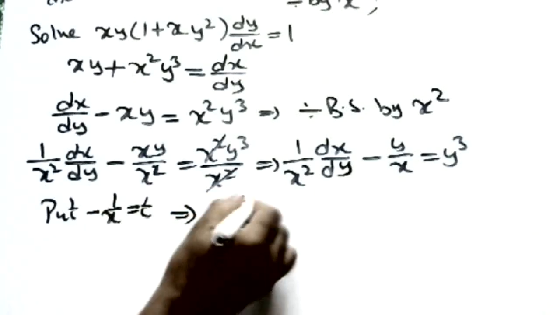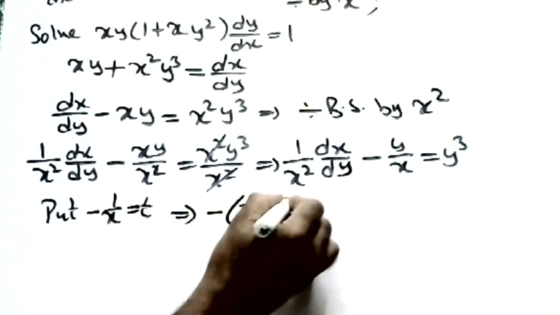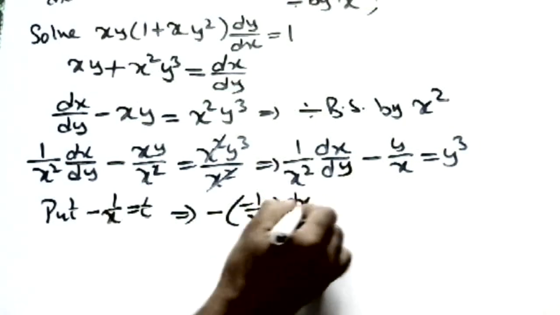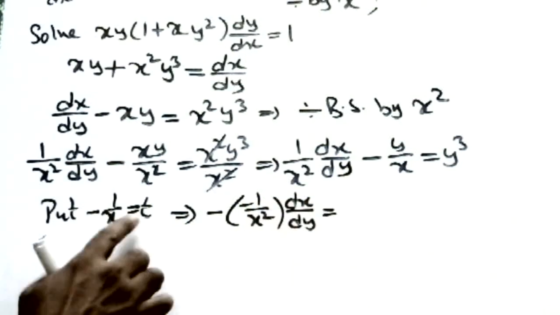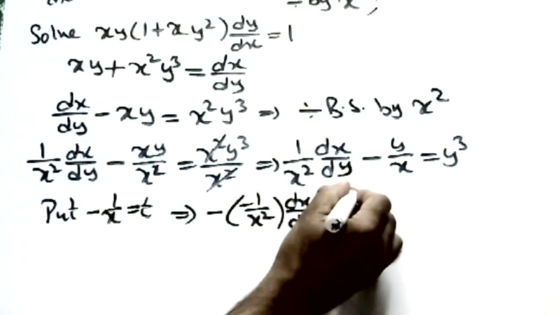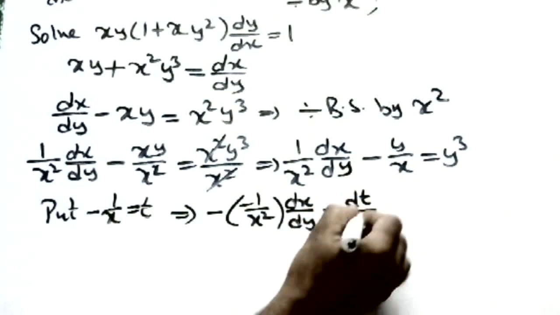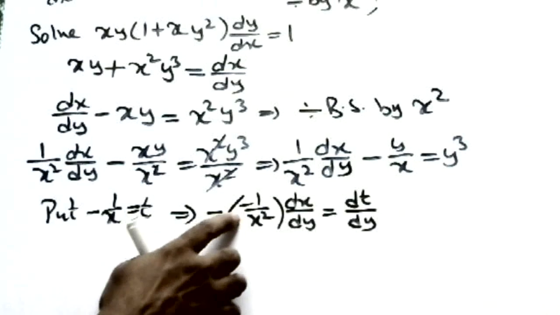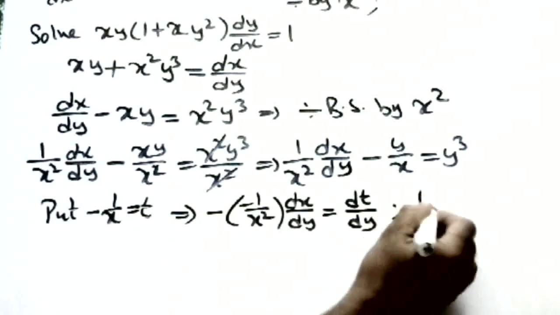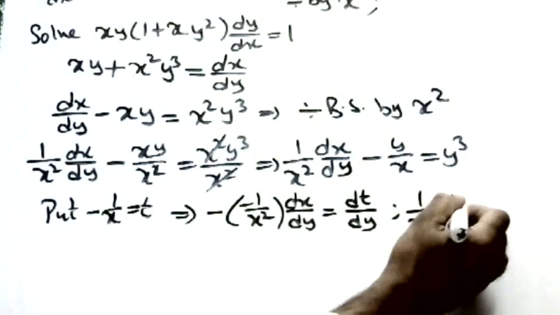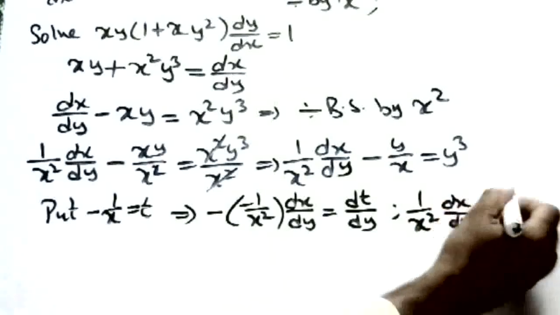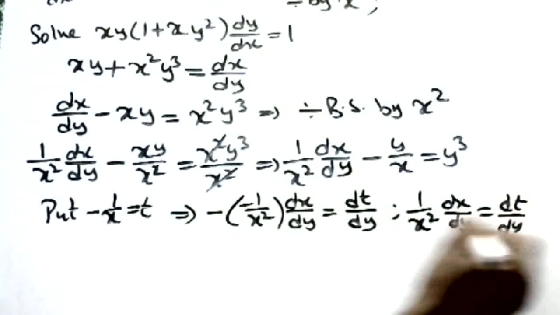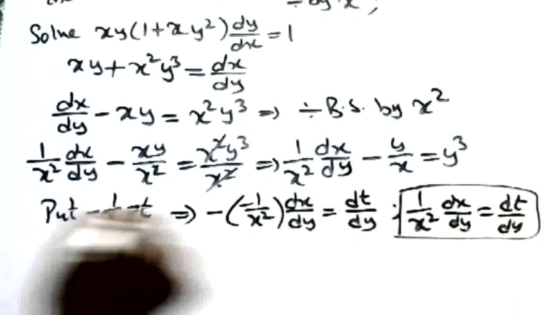Now the derivative of minus 1 by x is 1 by x square, with respect to y, so write dx by dy. The derivative of t will be 1, but we are differentiating with respect to y, therefore it will become dt by dy. Minus of minus will become plus. So it will be 1 by x squared dx by dy equals to dt by dy.